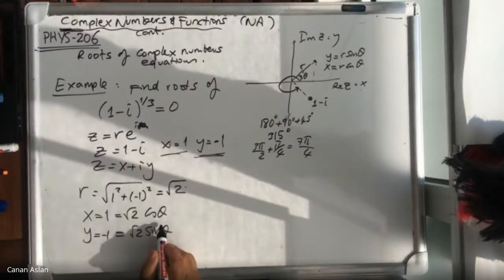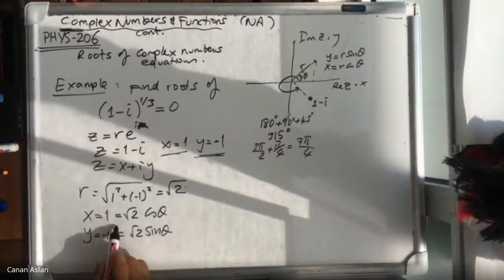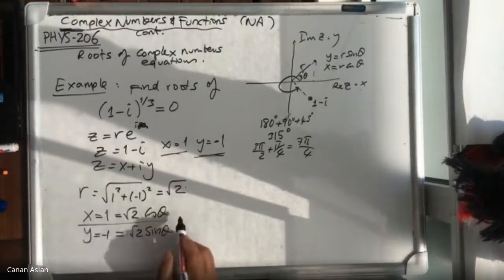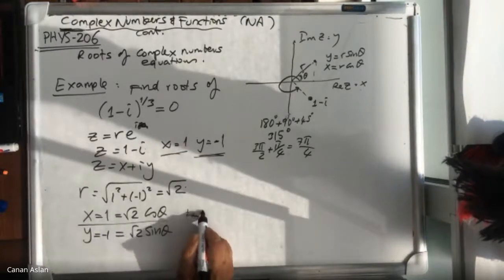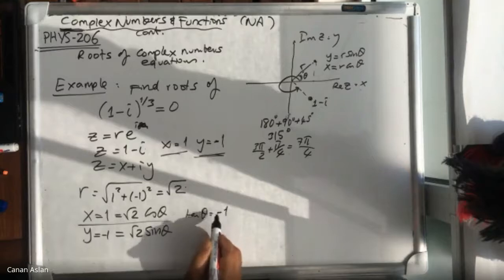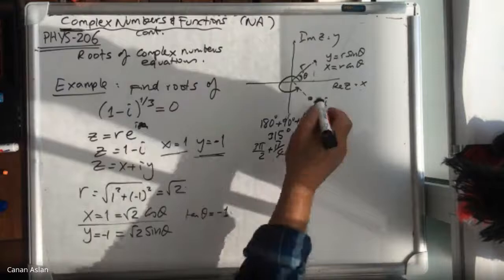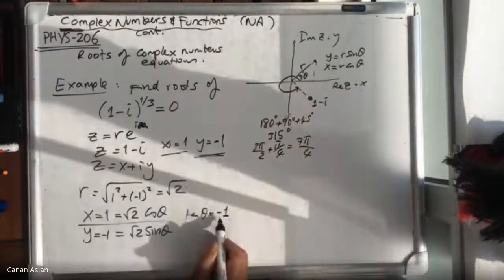The angle is known. So also from this, as you see, if you divide y by x, side by side, tangent theta will give you minus 1. So it means that if tangent theta is minus 1, it can only be in the fourth quadrant over there.